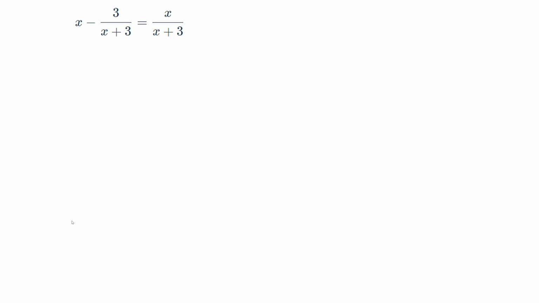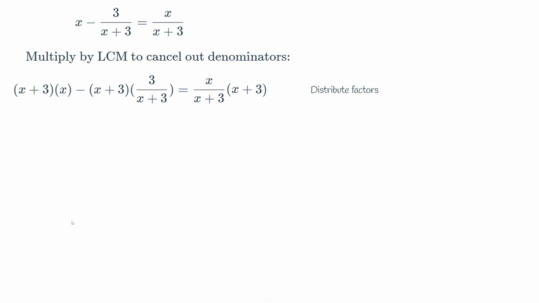So with this, let's multiply by the least common multiple to cancel out the denominators. We're going to multiply by x plus 3 since it's the same denominator for both, and we can get rid of them that way. You'll see that you take x plus 3 times the fraction, and the same thing on the other side of the equal sign: x over x plus 3 multiplied by x plus 3, and these will cancel out.